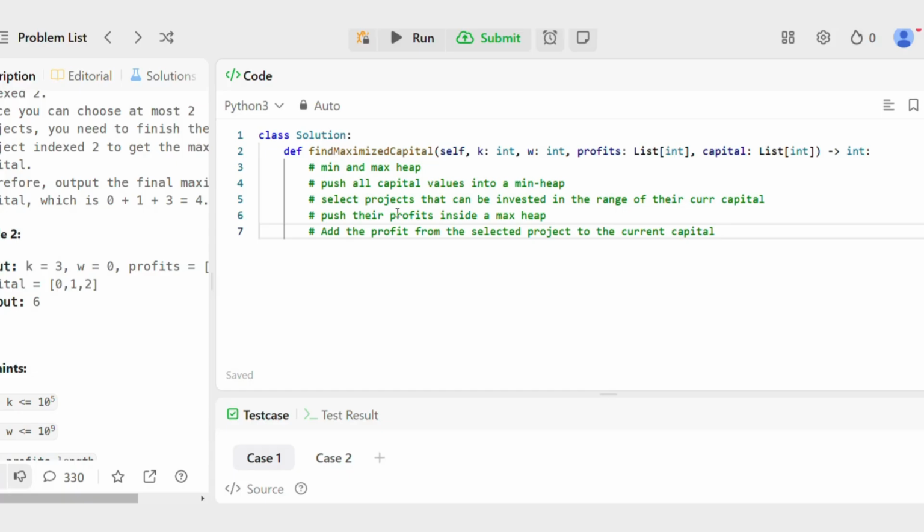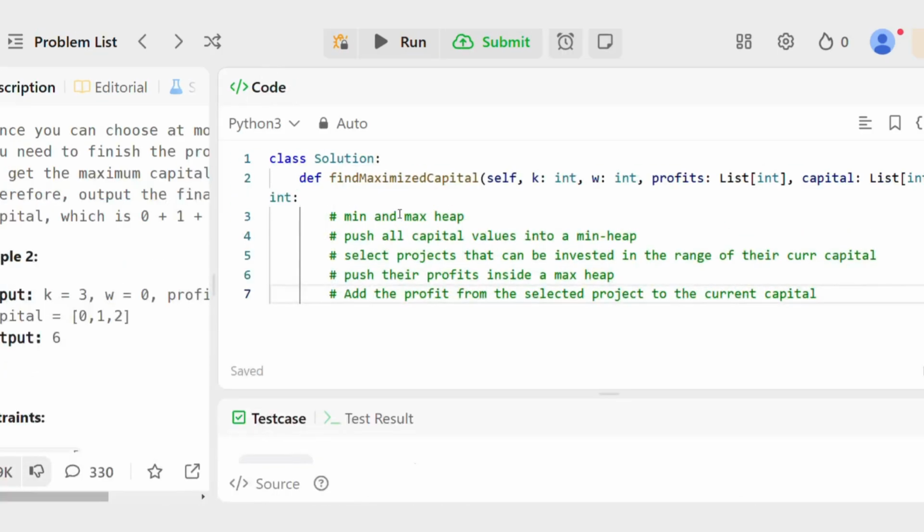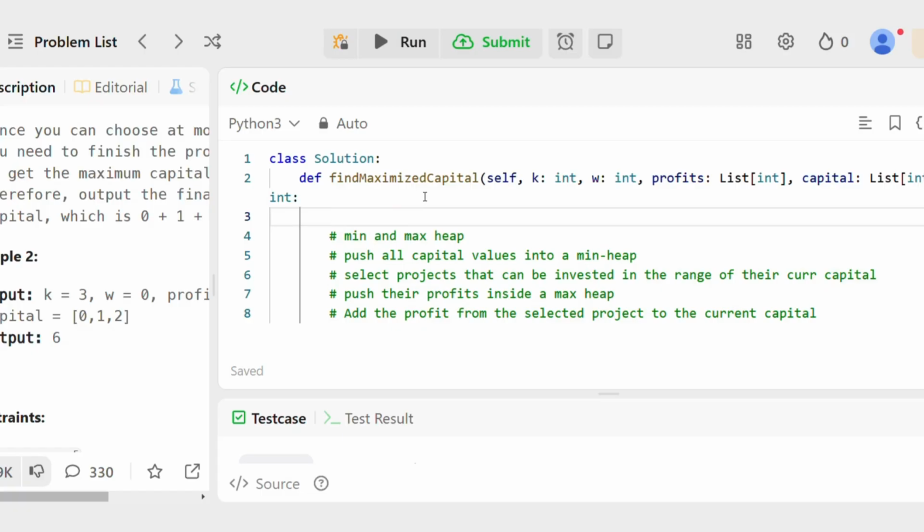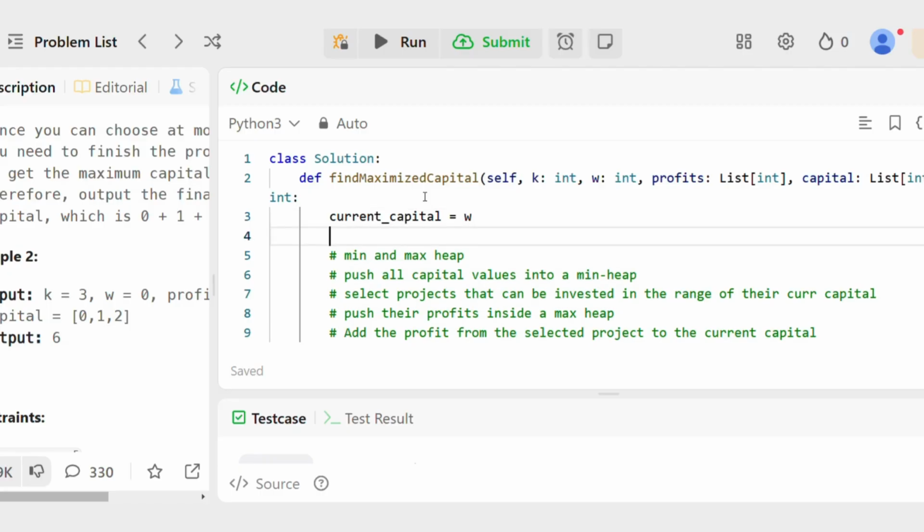The solution right now, I want to increment the size of this. Okay, so first of all, we know our values. So we know that our current capital is equal to W, and we're going to have 2 heaps.